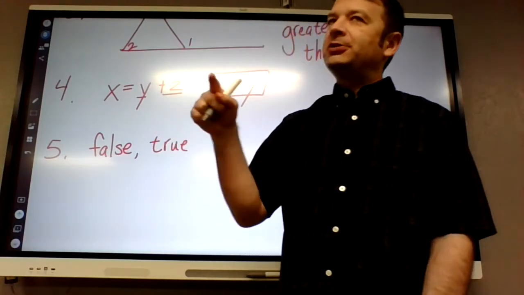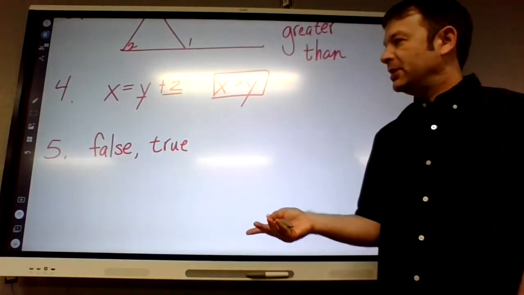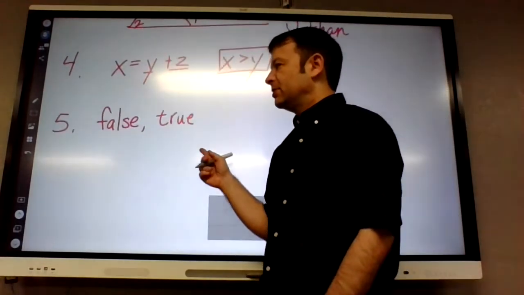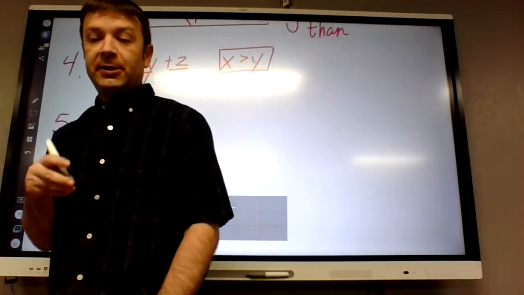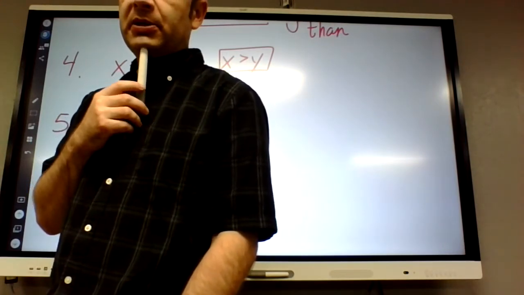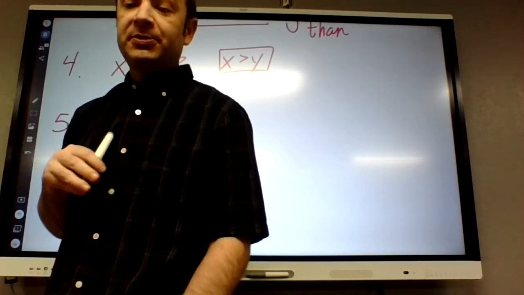Remember we started by assuming the opposite, the negation of the original statement, and we showed it was false, so the original statement was true. That's what they're getting at there. I'm going to leave 6 to you, because we just did that one yesterday. Maybe you guys might remember.